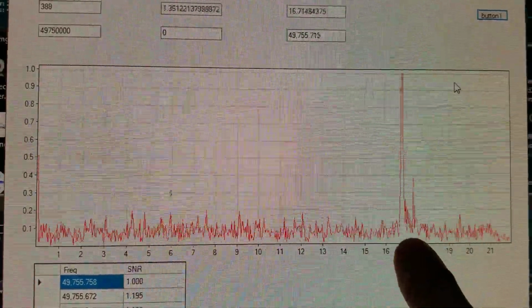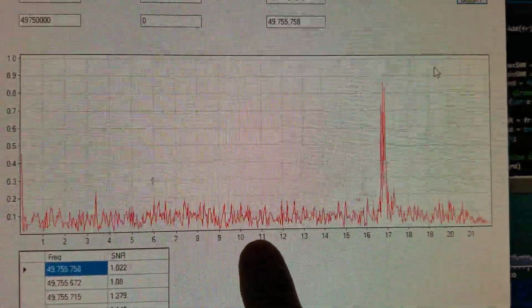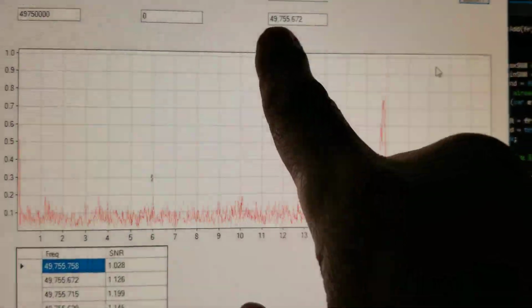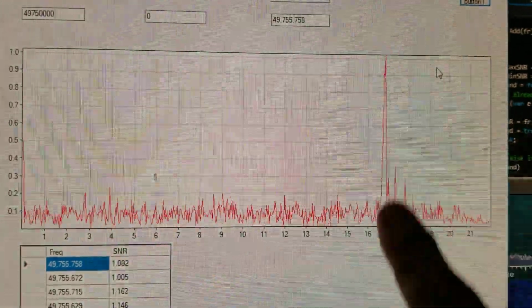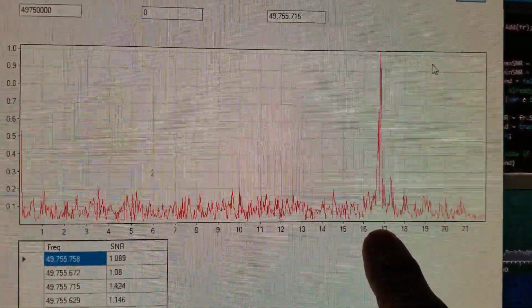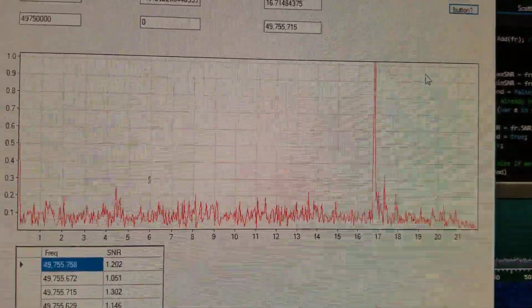So it thinks that 49,750 is at the 11, and it sees this carrier and it thinks that is about 5.5 kilohertz higher than 11, which it is on this graph.